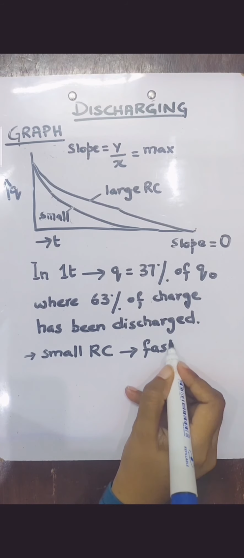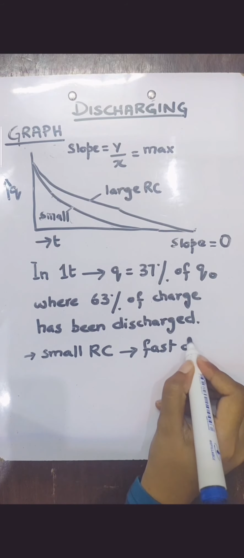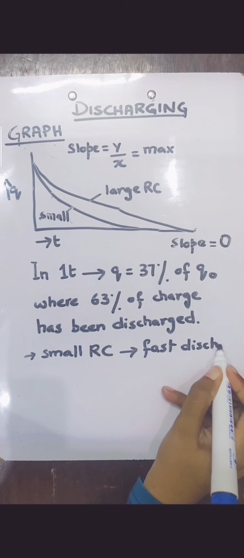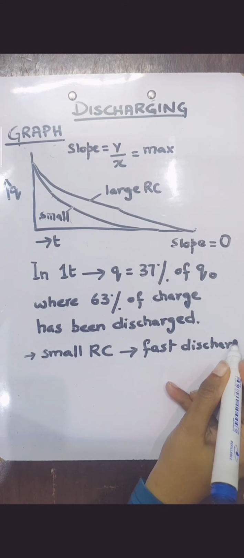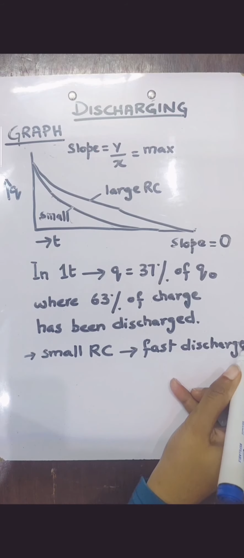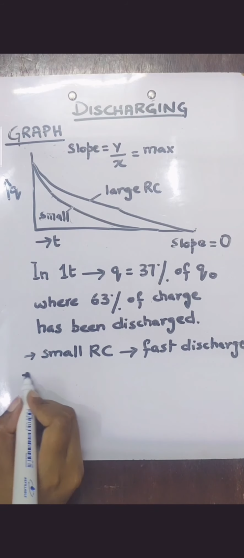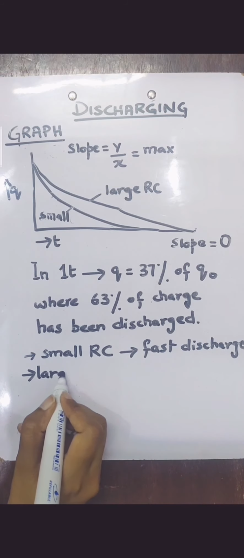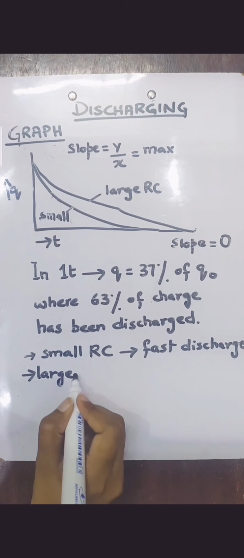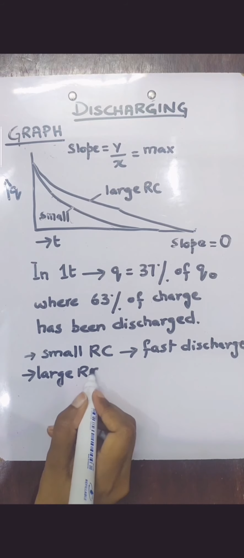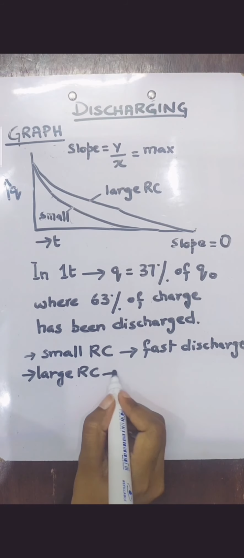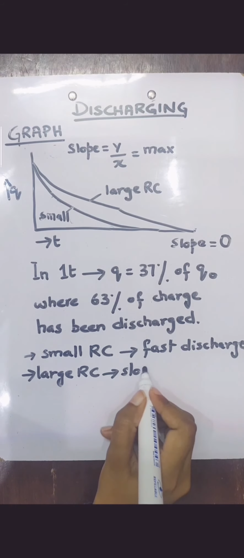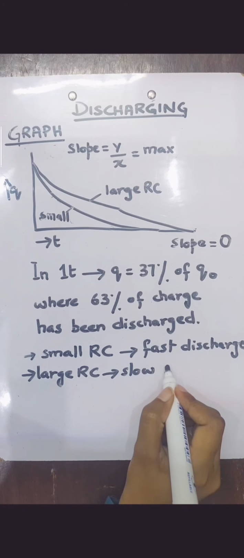If any combination gives a very small value for the product of RC, that capacitor will charge fast and discharge fast as well. But if we are having a large RC, that means the product of RC is large, which also means that the time constant is very large. That means the capacitor will slowly charge and slowly discharge as well.